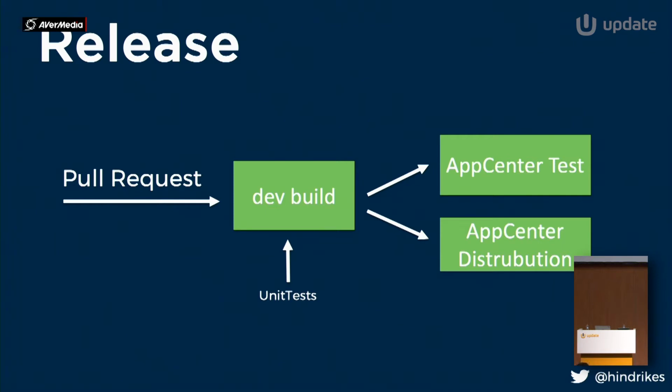If we're using unit tests, I run them in the build. When the build is successful, I will upload the app package to AppCenter so that the team can test it, and if we have stakeholders that are interested in testing every build, they can also do that in an easy way.